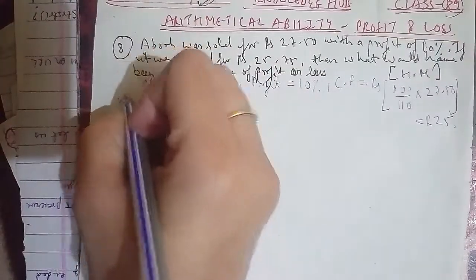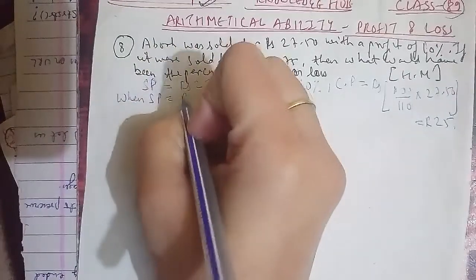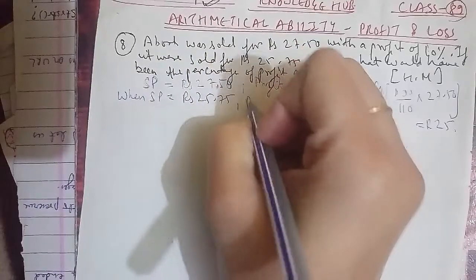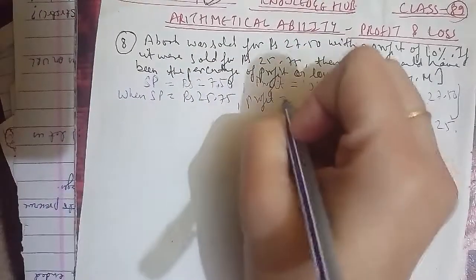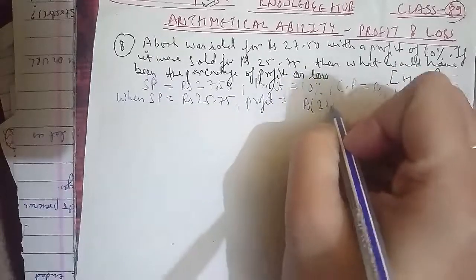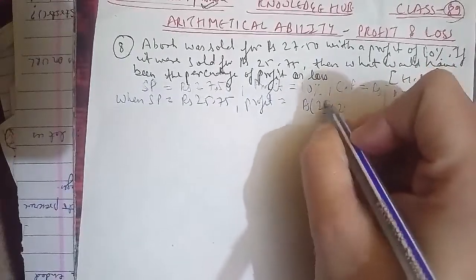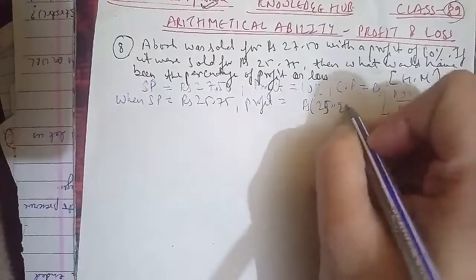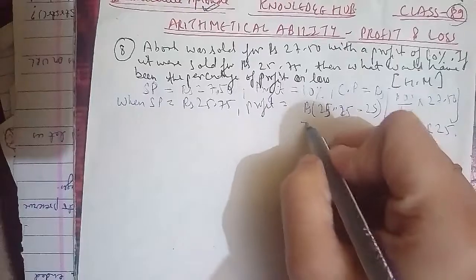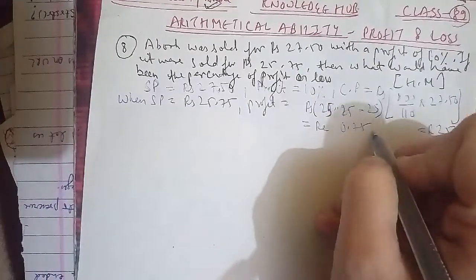When SP is equal to rupees 25.75, profit equals rupees 25.75 minus 25, which equals 0.75.